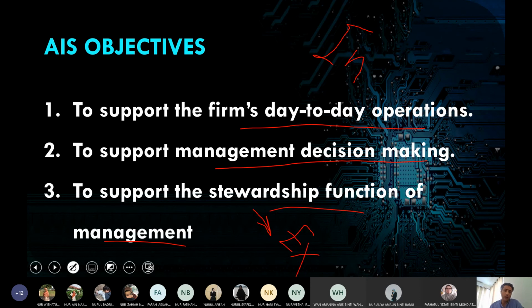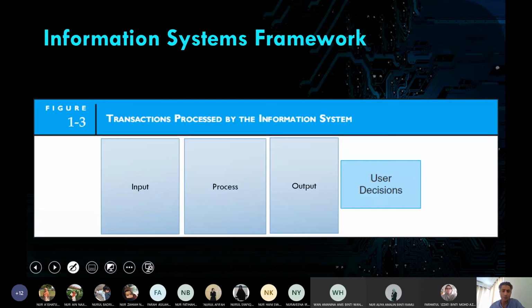Okay, so that's the main objectives of accounting information system, to support internal and external decision making and operation.